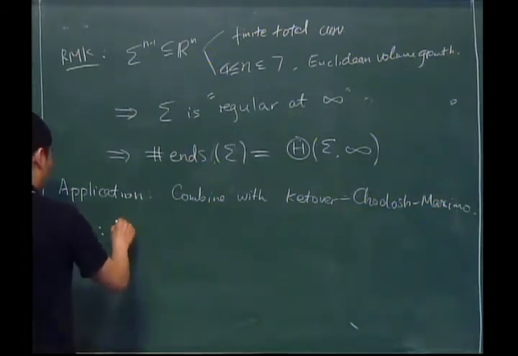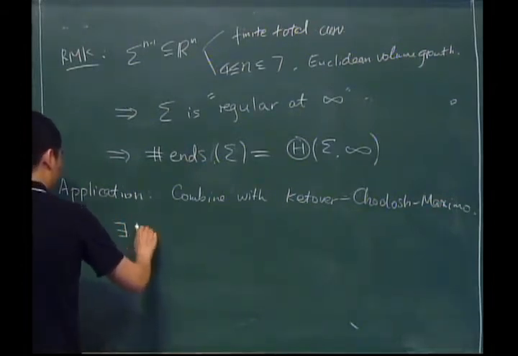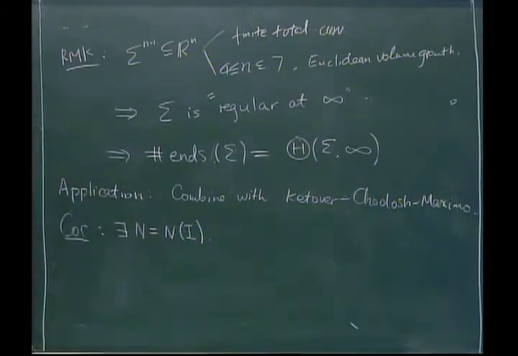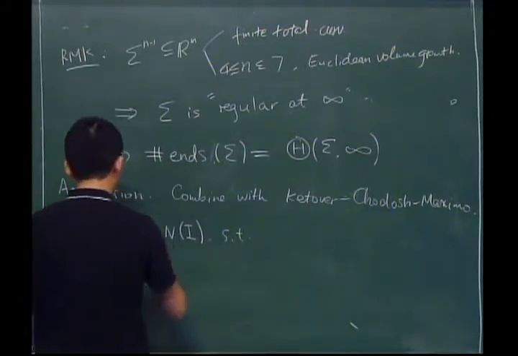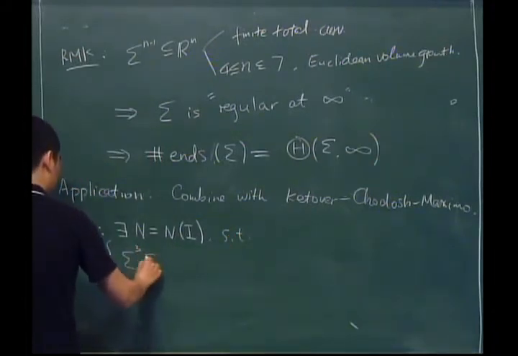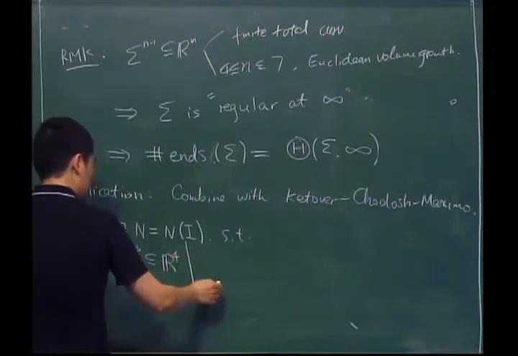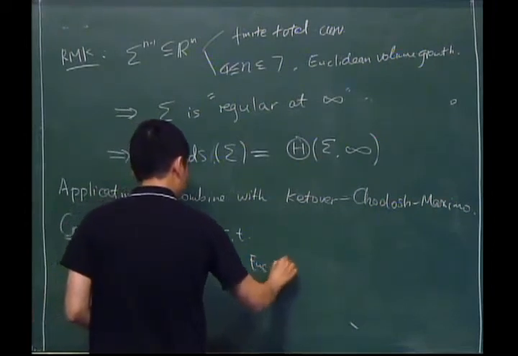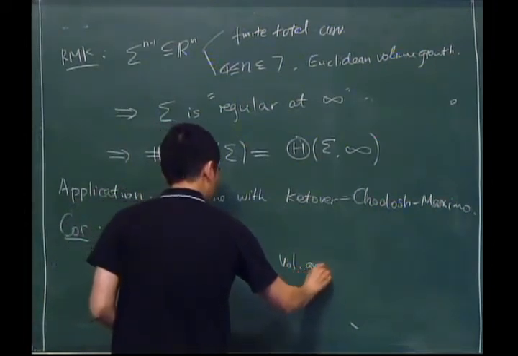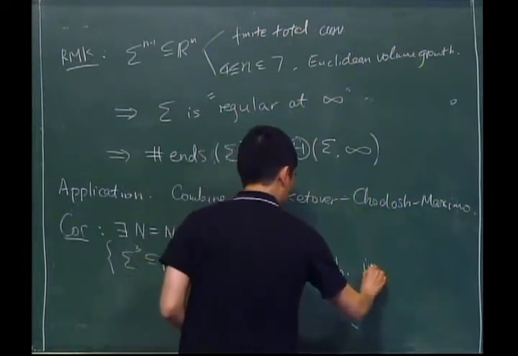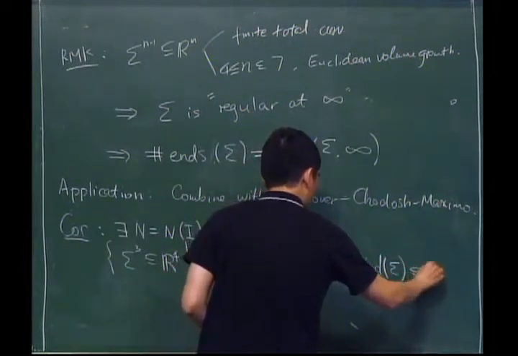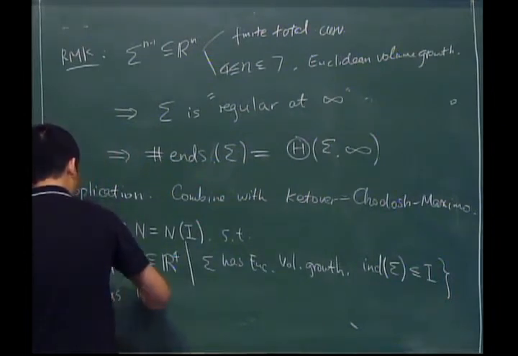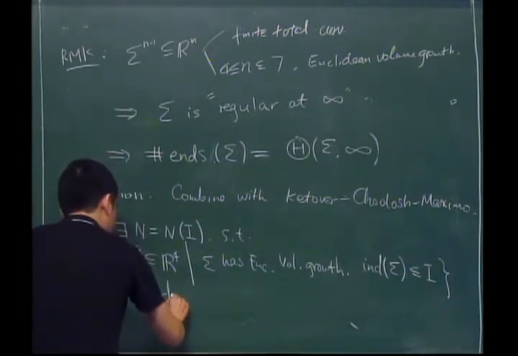That is, there exists an n depending only on the index, such that the set of surfaces sigma 3 contained in R4, where sigma has Euclidean volume growth and index is bounded by I, has only finitely many diffeomorphic types.